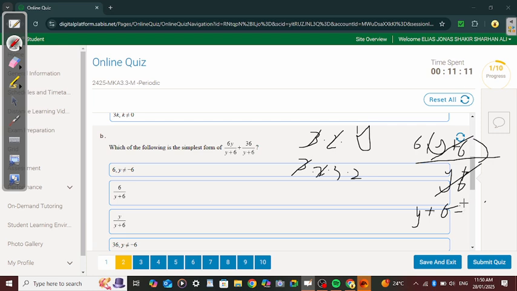Just like this. And then you take this to the side, positive 6 to the other side becomes negative 6. So y does not equal negative 6. And the answer is going to be 6.